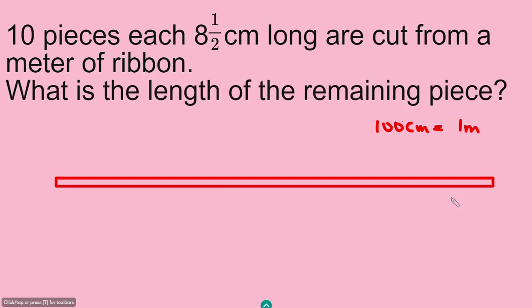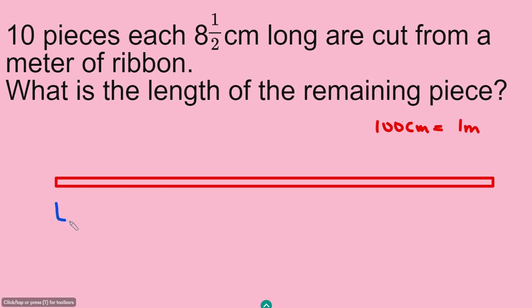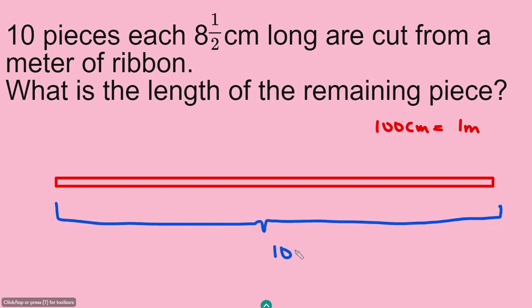And since we're cutting 10 pieces of 8.5 centimeters from this meter ribbon, you're really cutting from 100 centimeters of it. You want to cut from this whole piece of ribbon 10 pieces, each of 8.5.